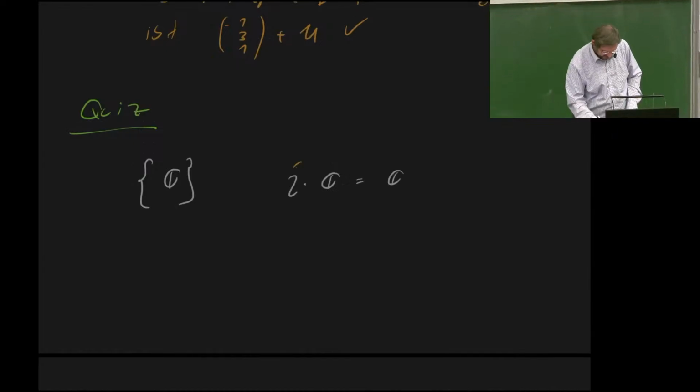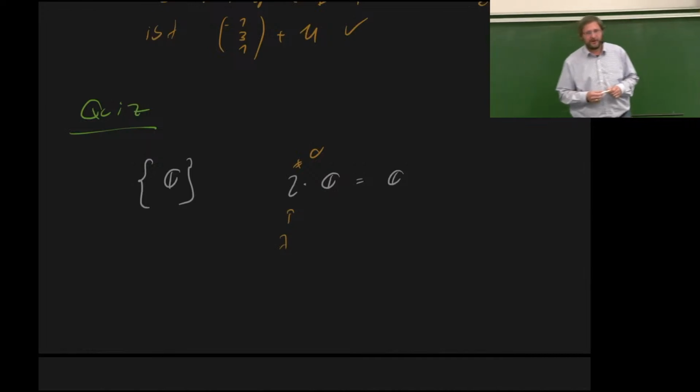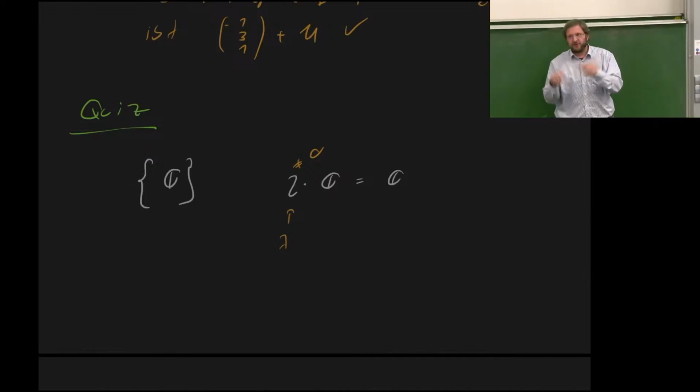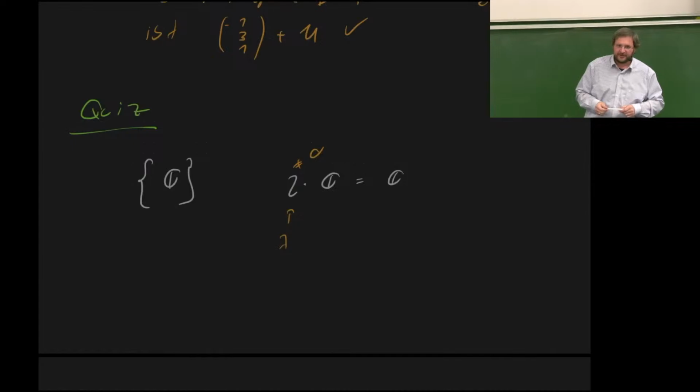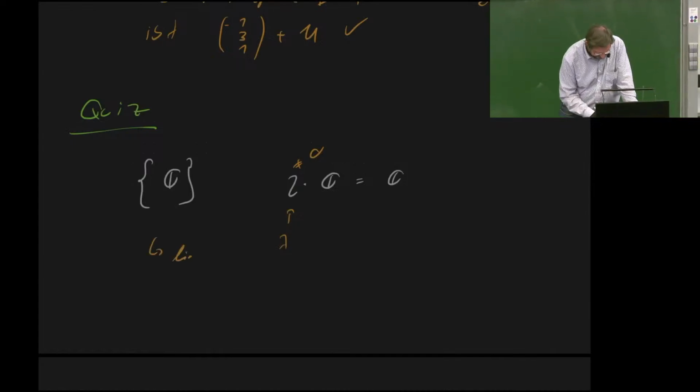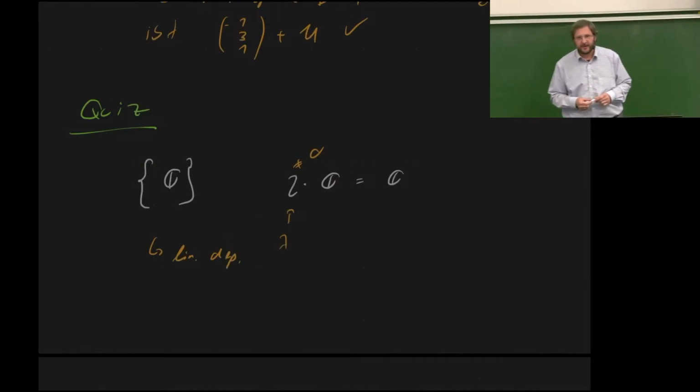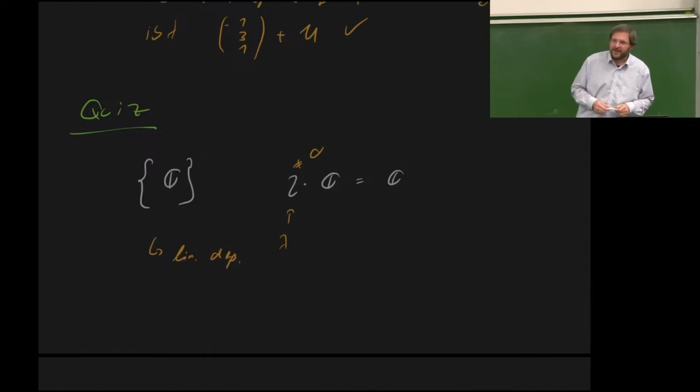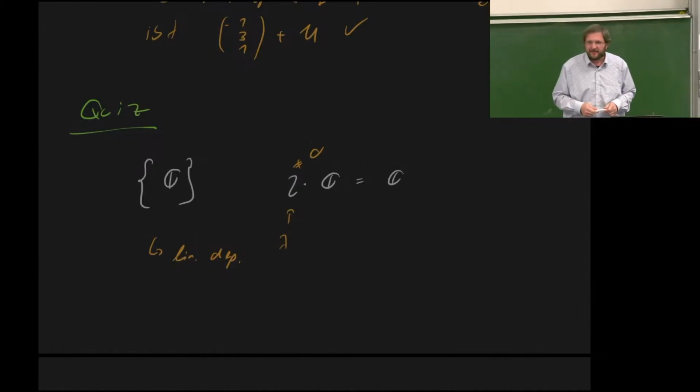So this is my lambda here, and this is not 0. So there is a linear combination of that vector that produces 0. That is not trivial. So that means this set here is a linearly dependent set. And you also said this is the only exception, and of course you're right. Every non-zero vector is a linearly independent set on its own.